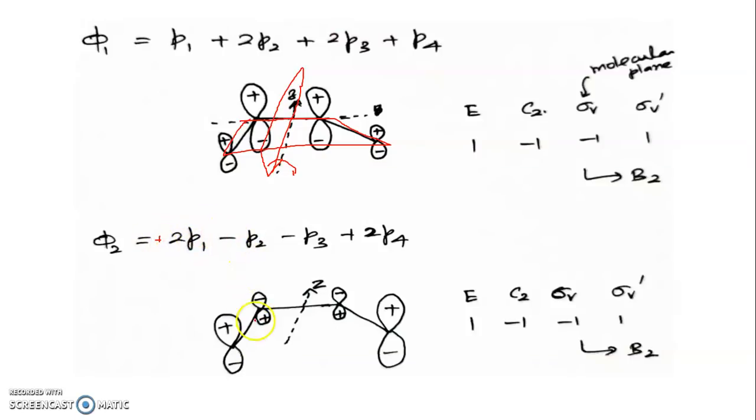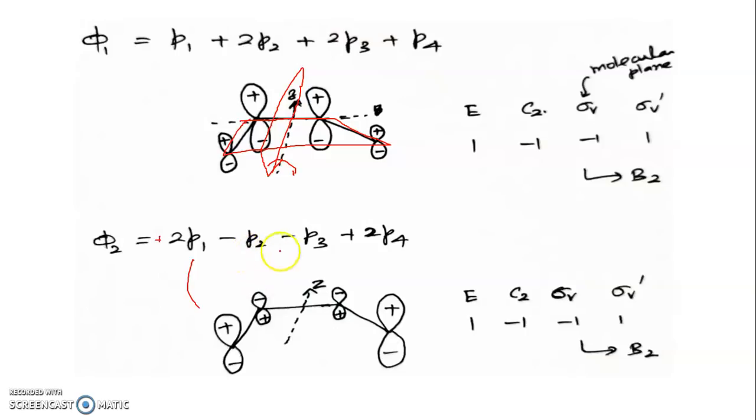When sign changes, there should be a node. That means if the P1 has positive lobe above and negative lobe below, then between P1 and P2 sign changes, therefore there should be a node between these two. When there is a node, the sign of the lobe will change. So the upper lobe here is positive, the upper lobe of this should carry negative sign. Are you able to understand?